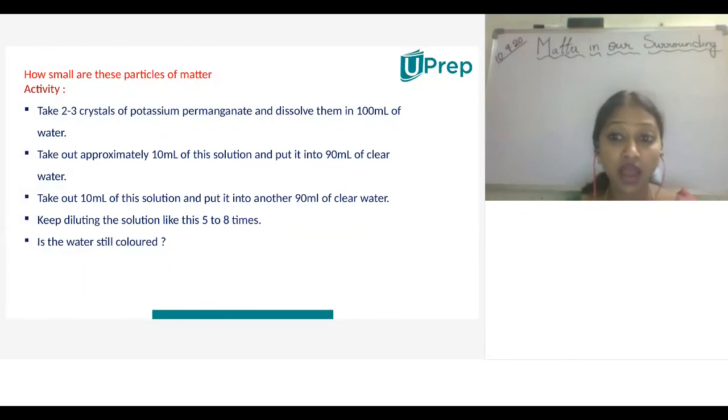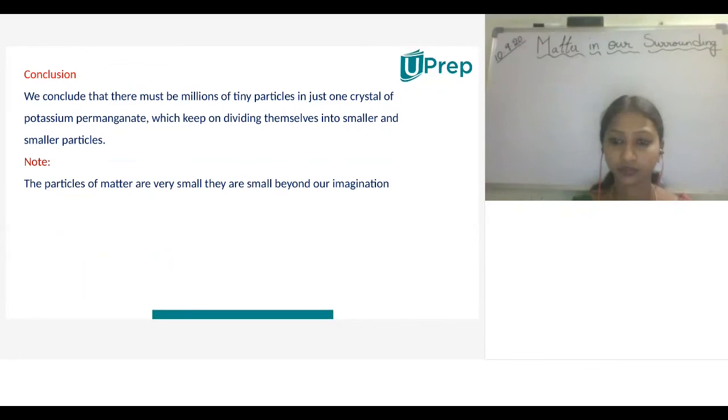But even when we observe the last beaker, we can still notice the odor, even though we have repeated this many times. So even though we feel the odor of Dettol in the last beaker, this is also the best evidence to show how small the particles of matter are. Understood? These two are the best evidences.